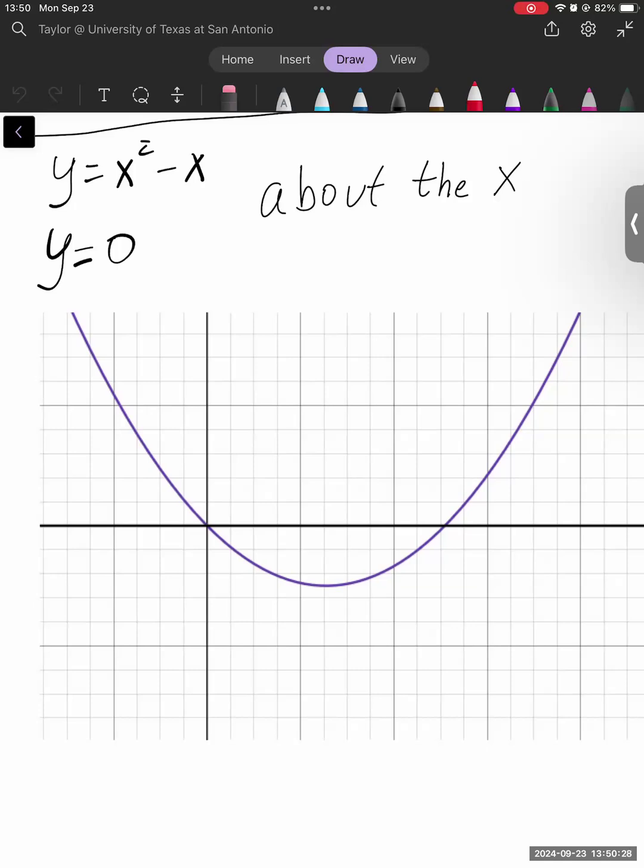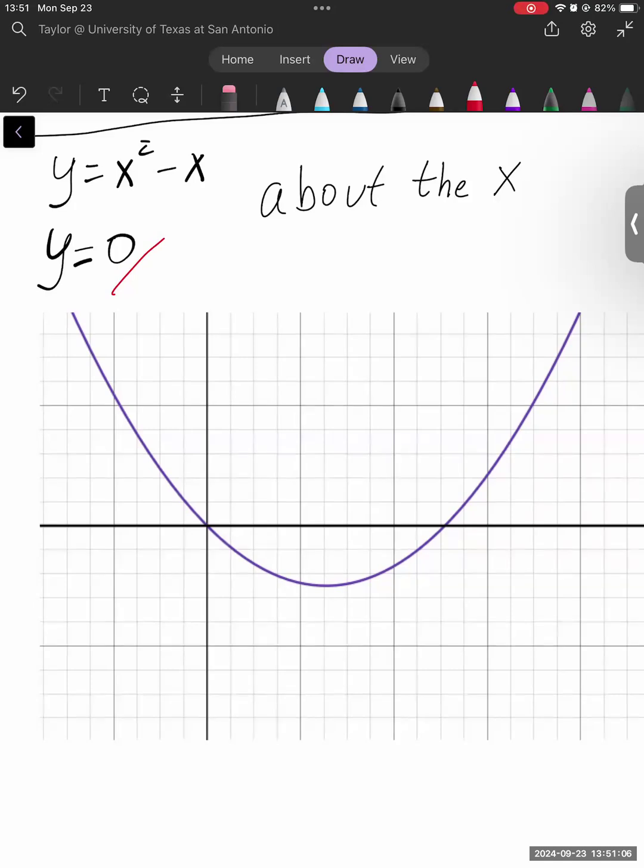In the case of this question, we're asked to find the volume formed by the region enclosed between x squared minus x and y equals 0. So when you do top minus bottom or left minus right, you won't necessarily have to include this in your formulation. Okay, that makes sense.